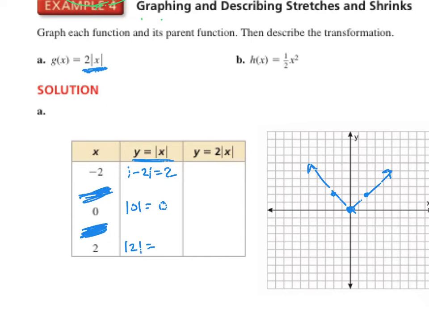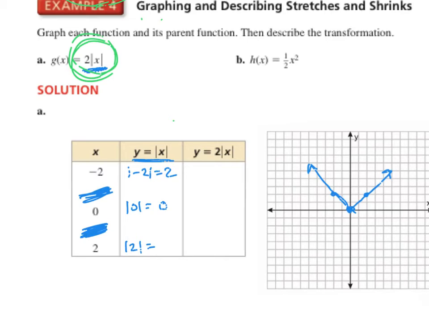Next we have our function that it gives us. Just by looking at this, 2 times the absolute value of x, what do you think is our transformation that's happening here before we even graph it? What do you think our transformation is? Gonna be 2 times bigger.